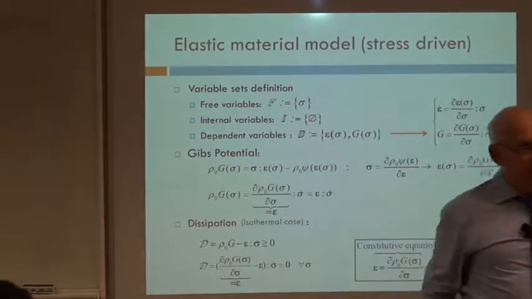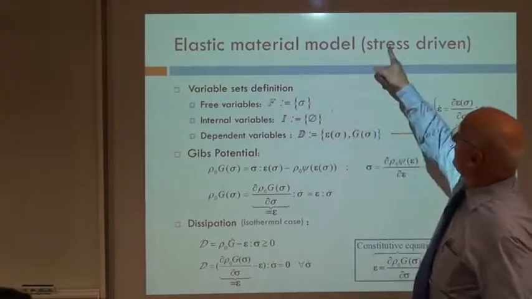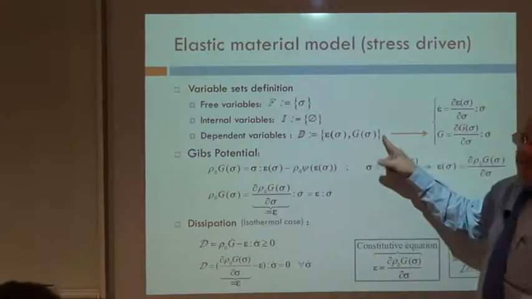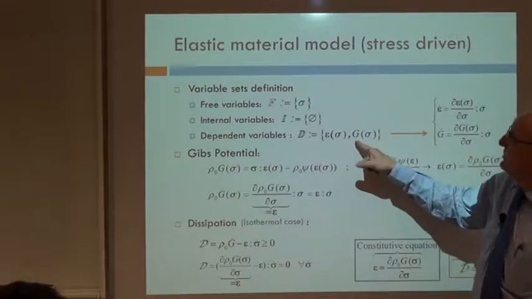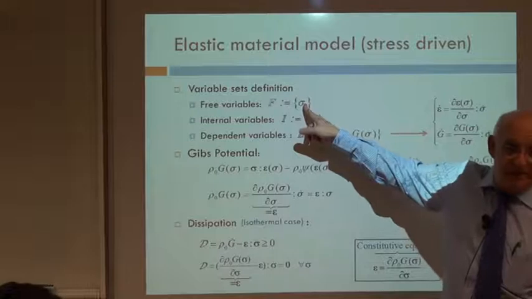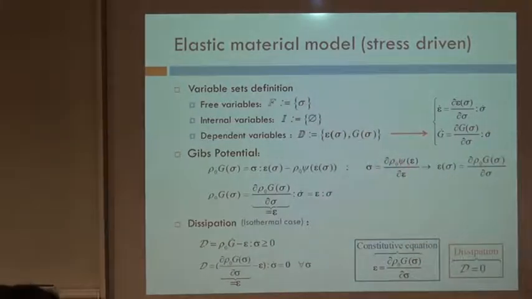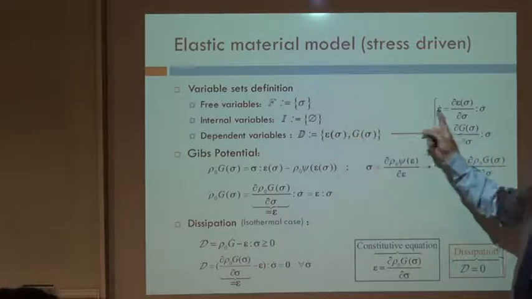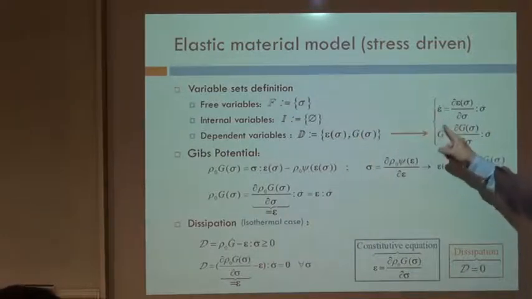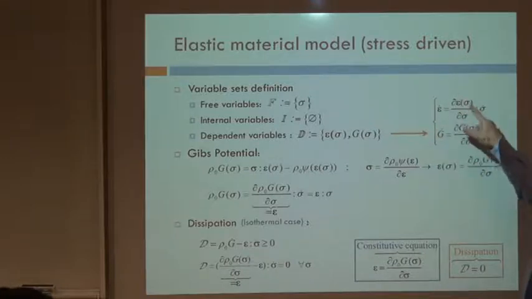Then the free variables are the stresses, and the remaining variables, the strains and the Gibbs potential, depend only on the free variables in that case, which is sigma. Of course, if this is true, whenever I need to obtain the variations of epsilon and G dot, I just have to perform this derivative with respect to sigma.